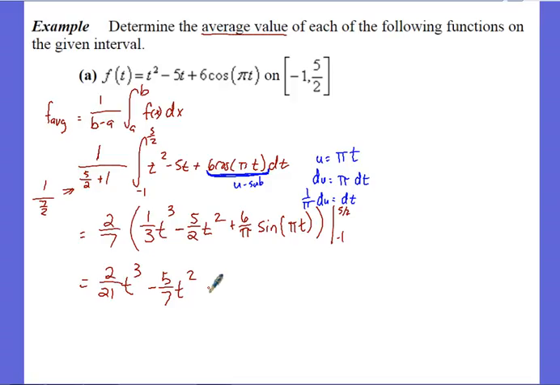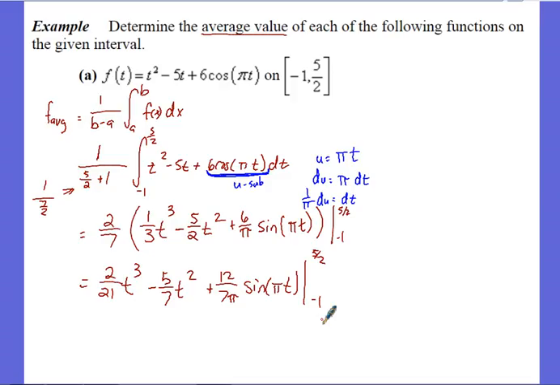Then I would get what here? This is going to be weird, but what do I get? 12 over 7 pi, and that's okay. Sine of pi t from 5/2 to -1.